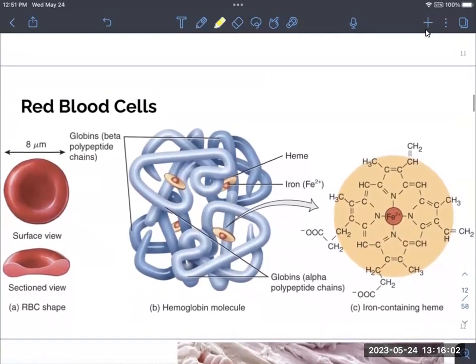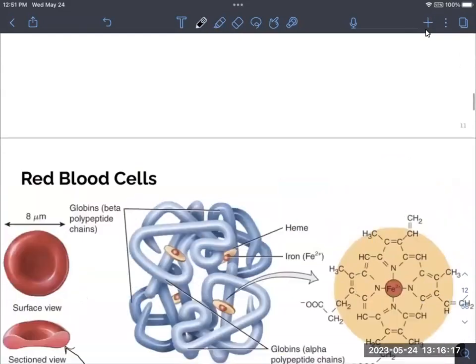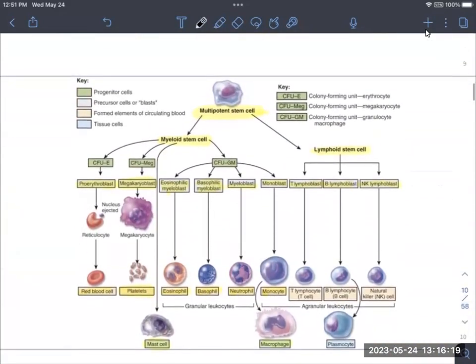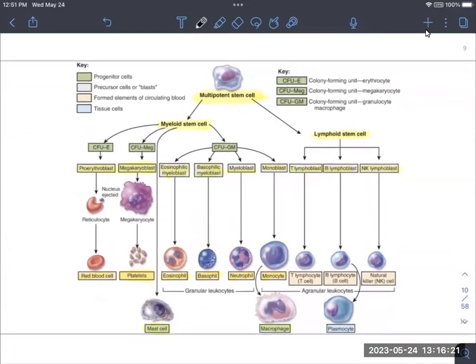So here's a hemoglobin molecule. We see this red blood cell. I had mentioned that it's this biconcave disc. There is no nucleus. A red blood cell, if I go back up, starts with a nucleus.